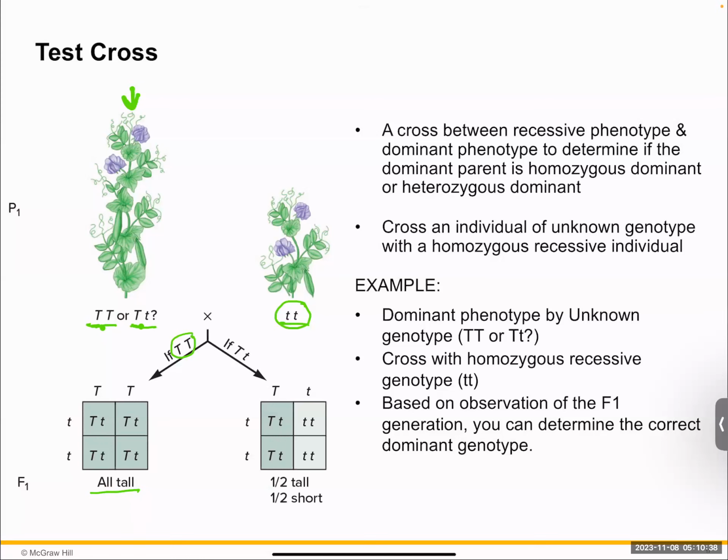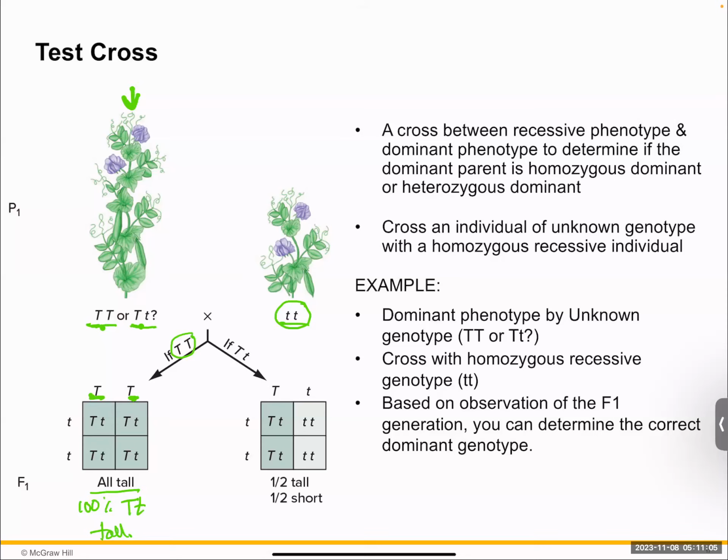Because, look at your Punnett square, regardless of what the recessive gene is contributing, I'm always going to have one copy of my dominant gene, which means you will end up with 100% heterozygous dominant, which means all of your plants are going to be tall.